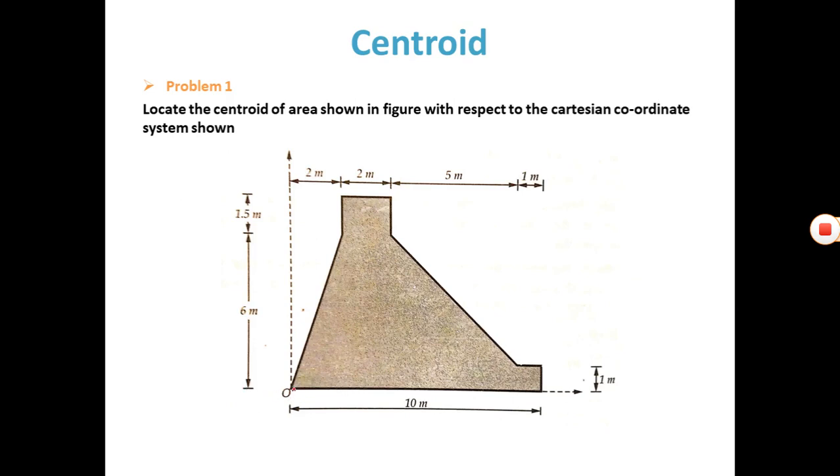Along y-axis it is 2.64, so it is coming around here. At this point its centroid lies. It's nothing but G, the weighted G of this figure. Thank you. See you soon.